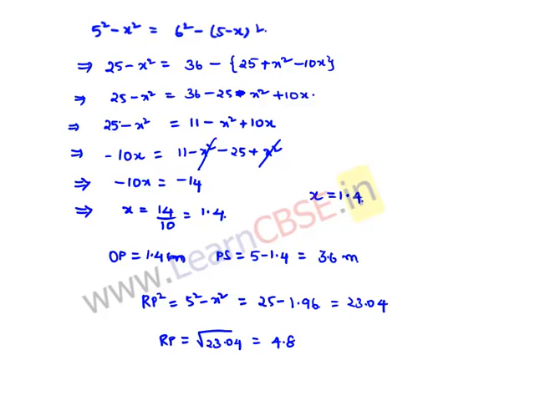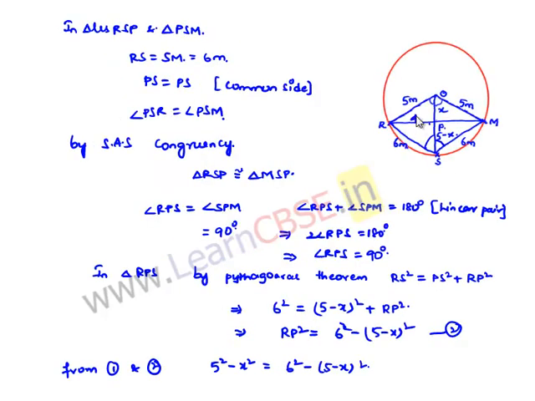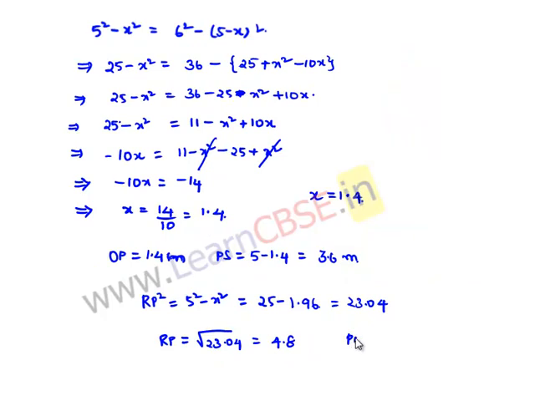Since RP is equal to 4.8, as the two triangles are congruent, we can say PM is also equal to 4.8. Now we need the distance between Mandeep and Reshma, which is equal to RP plus PM, that is 4.8 plus 4.8, which is 9.6 meters.